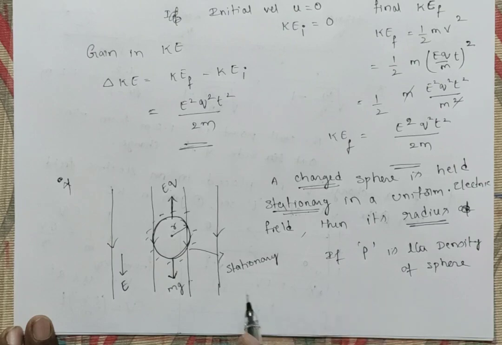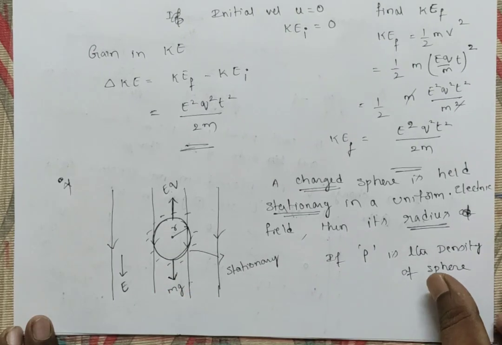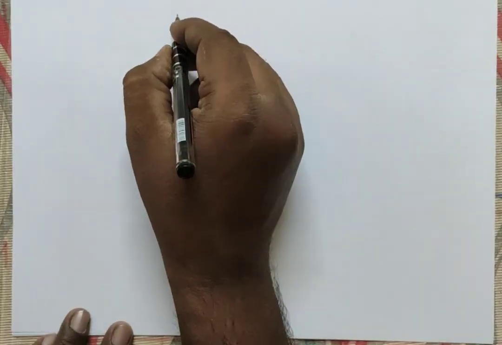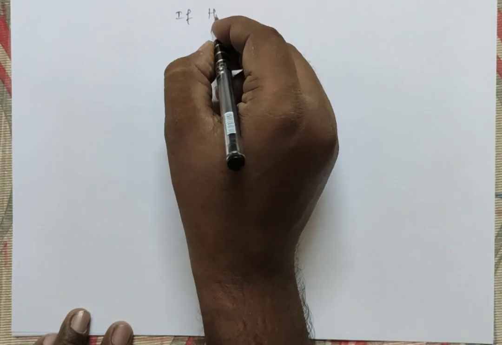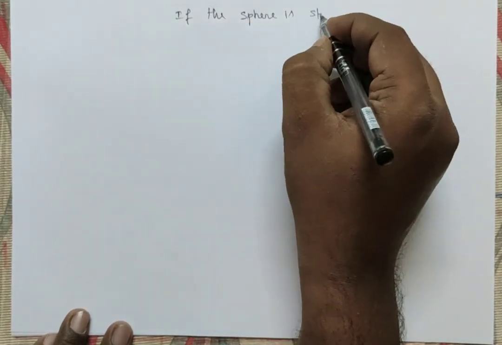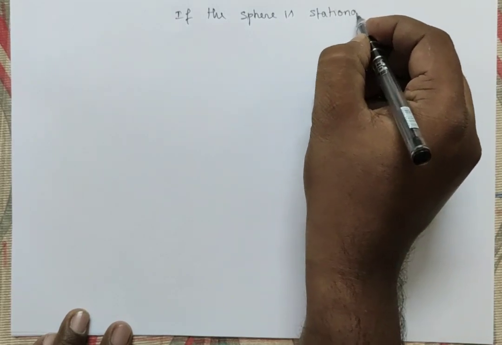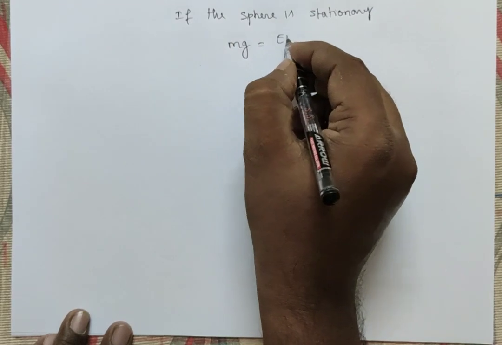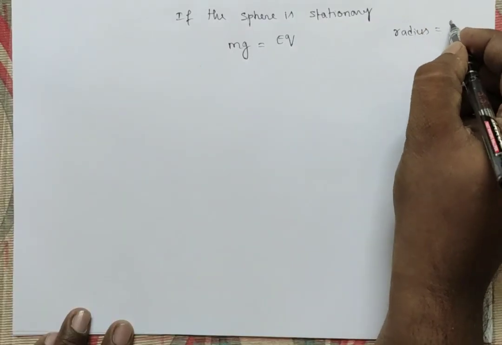If it is stationary, the condition is mg equals EQ. So if the sphere is stationary, we can say mg equals EQ. But we want the radius of the sphere.